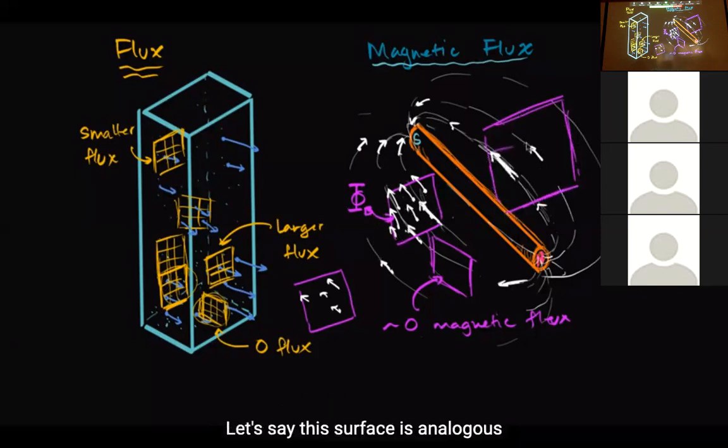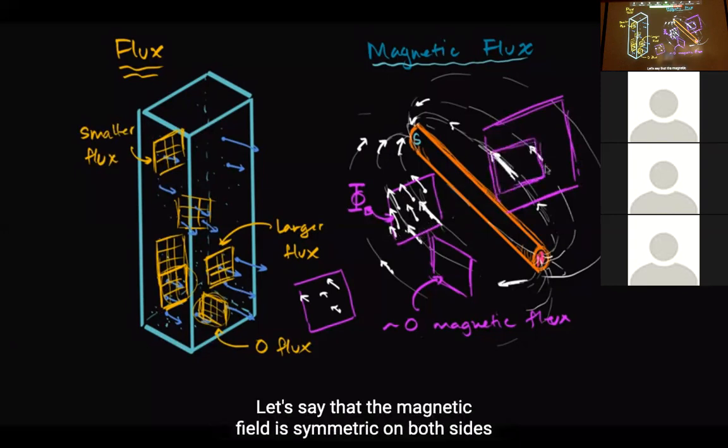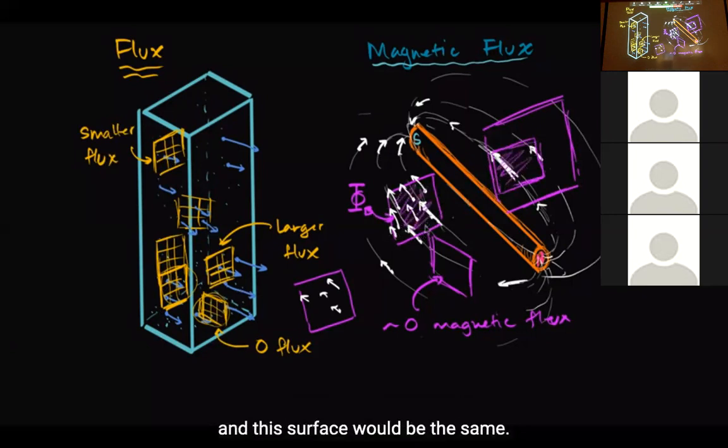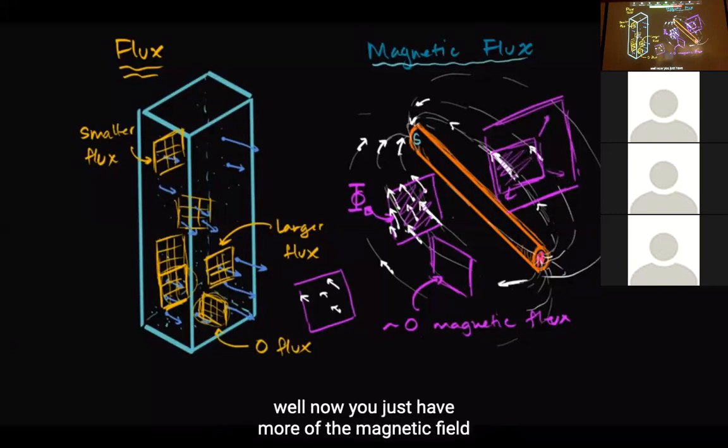Let's say the magnetic field is symmetric on both sides, so the flux through this surface and this surface would be the same. So if you were to stretch it out to be a larger surface, well, now you just have more of the magnetic field that is now normal to the surface.